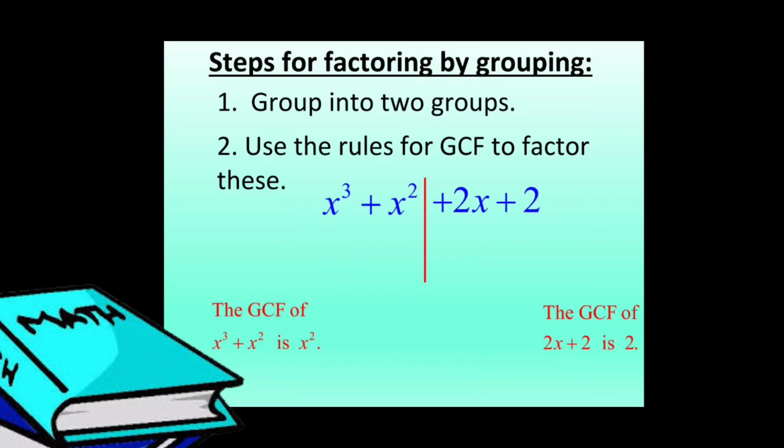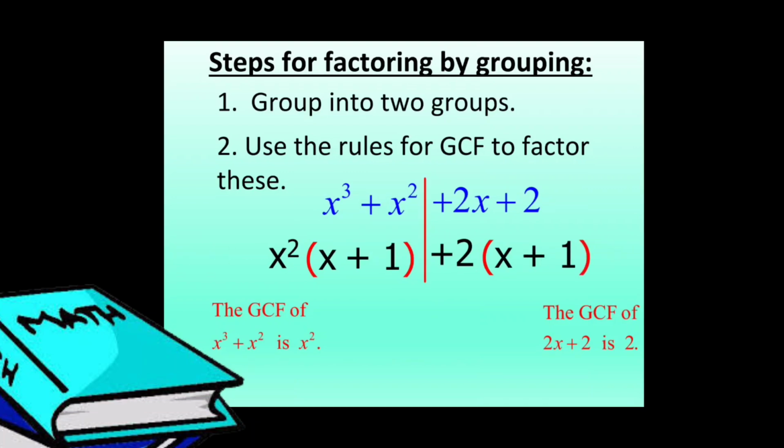After finding the GCF, let's divide each term to find the other factor. x cubed divided by x squared is x, and x squared divided by x squared is 1. Now let's proceed to the second group. 2x divided by 2 is x, and 2 divided by 2 is 1.